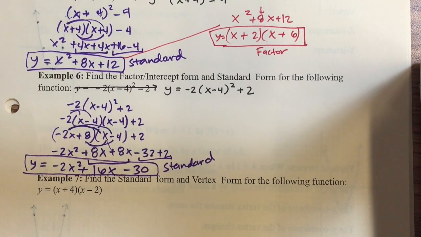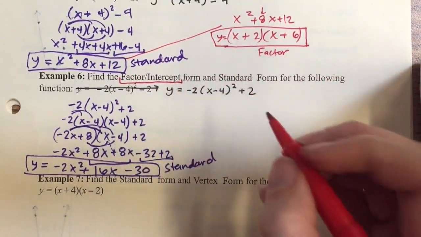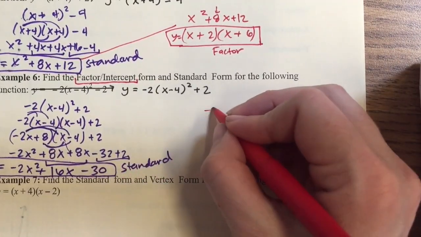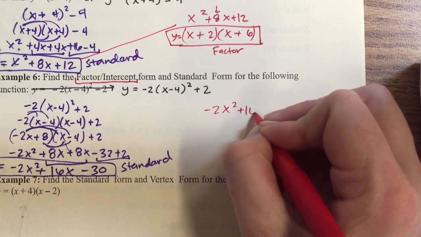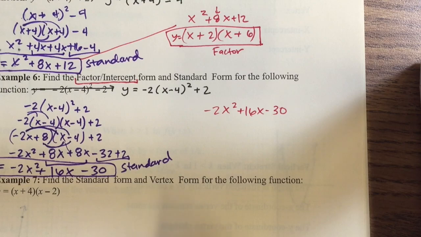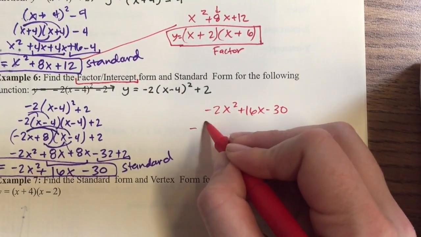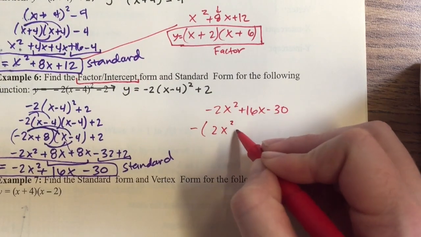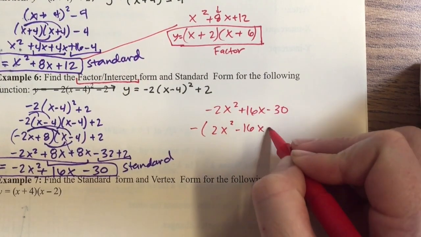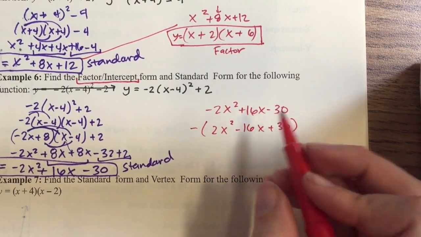Then we need to factor it. When I factor it, you can take out the greatest common factor in 1 step or 2 steps. Sometimes I like to just take out the negative, which means I change all of the signs to the opposite. Then I can take out a 2 from all of these.